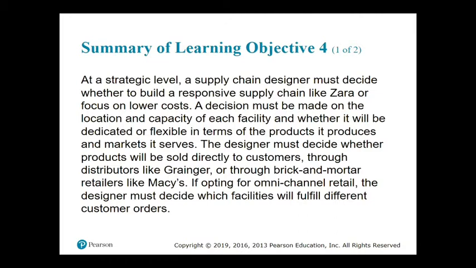There's channel design decision, like how do I manage multiple channels, or do I even offer multiple channels? And then when we do have optimal omni-channel retail, how do we fulfill demand and how do we allocate capacity?